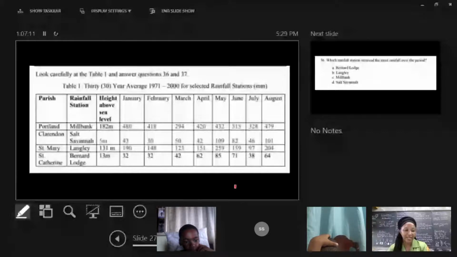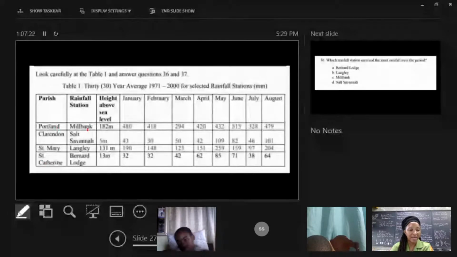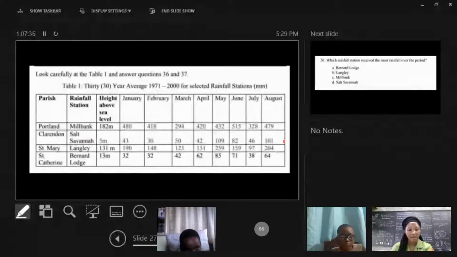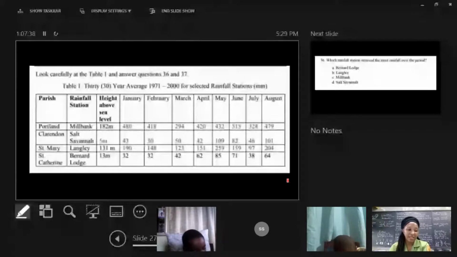The parishes were Portland, Clarendon, St. Mary, and St. Catherine. The station in Portland was Millbank, in Clarendon it was Salt Savannah, in St. Mary it was Langley, and in St. Catherine it was Bernard Lodge. So take a minute and study the pattern of the rainfall measured at these stations. The months recorded were from January to August.